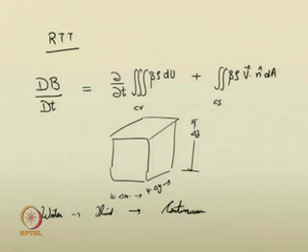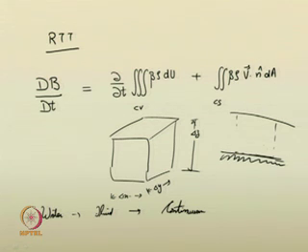So, one can easily denote that when you consider the channel reach in the gradually varied flow, when you are taking the two sections.